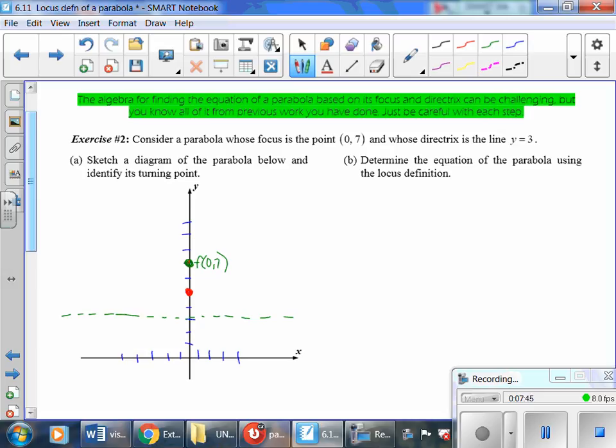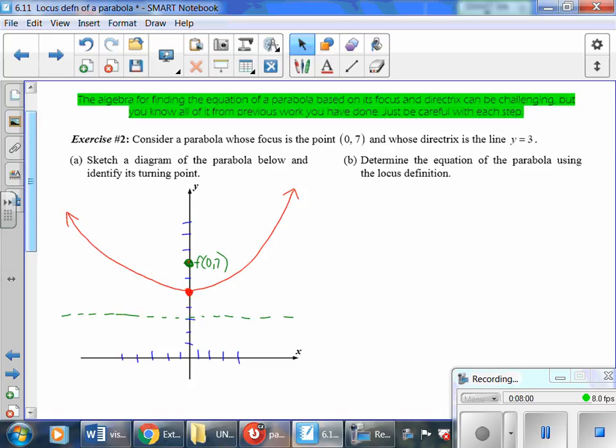Because the focus is rather close, it's going to be a little bit of a wider parabola. The further it gets away, the skinnier it gets. Now this probably isn't even perfect either, but at least it's not too bad. But you don't have to worry about it being drawn to scale. So that's what it looks like.